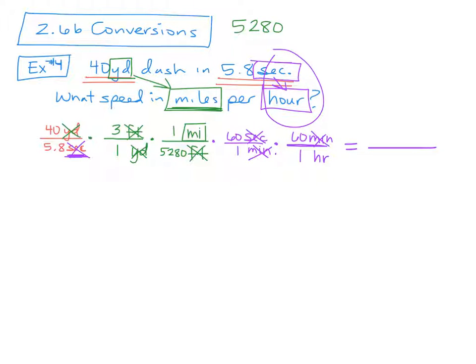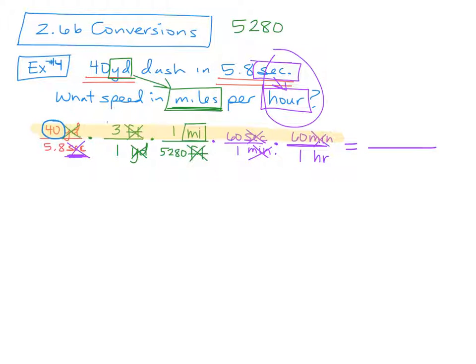Something over something. What you need to do at that point is figure out what your numerator is when you multiply it all. Okay, so if I multiply all of that yellow, I get 40 times 3 times 60 times 60.